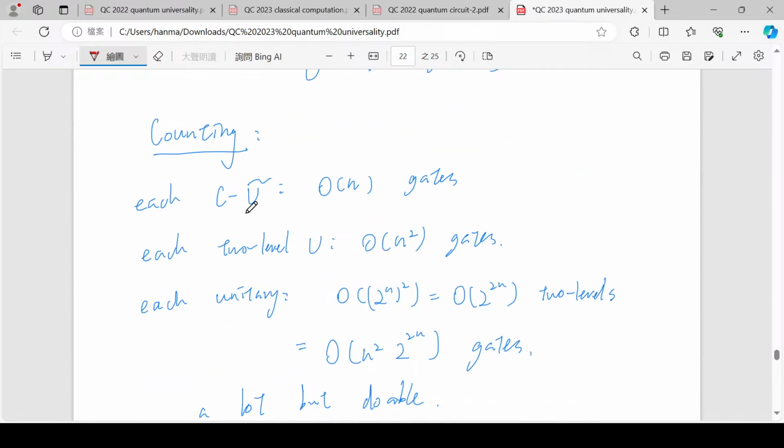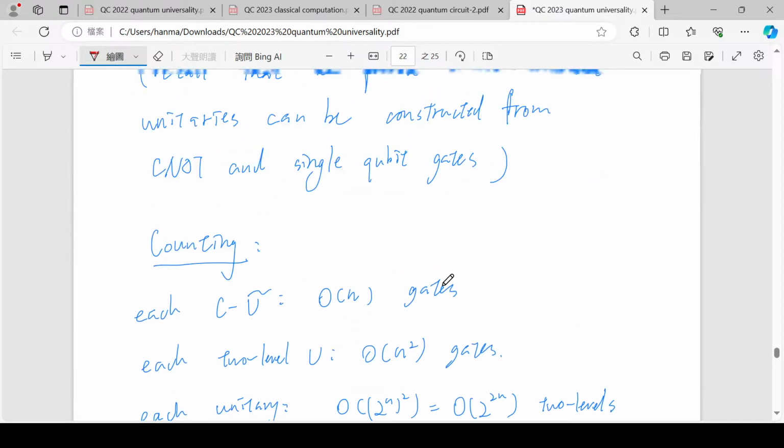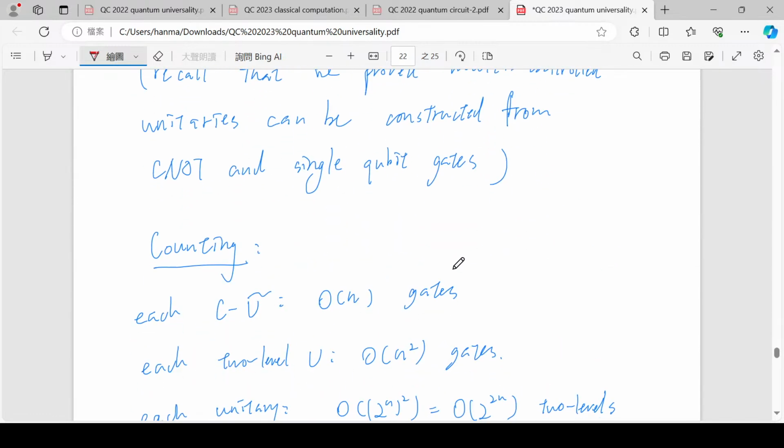So every multi-control you need to use order n gates, and every 2-level unitary you need to use order n squared gates. And each unitary you need to use an exponential number of 2-levels, so 2 to the 2n. So in total you need an exponential number of gates to approximate an arbitrary unitary, but it's doable.